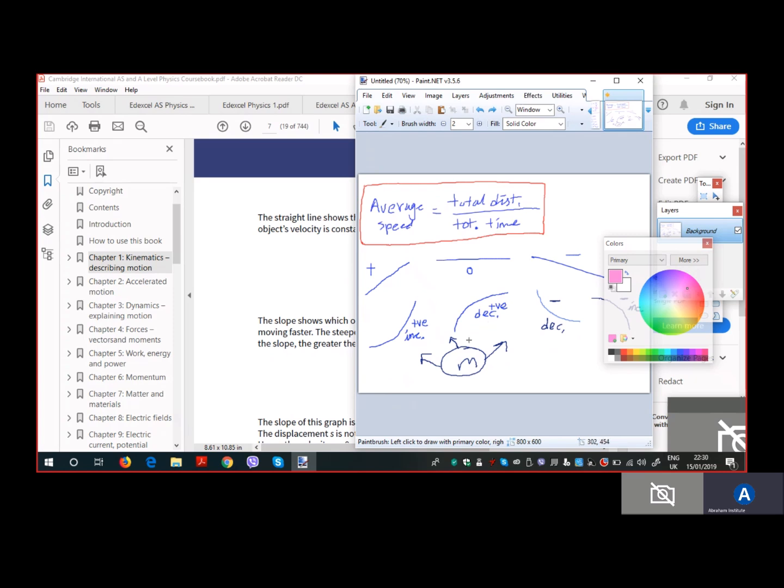And similarly over here, if you draw the tangent, if I draw a tangent here like that, then I draw another tangent here.